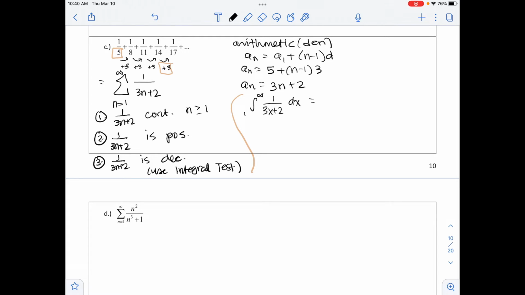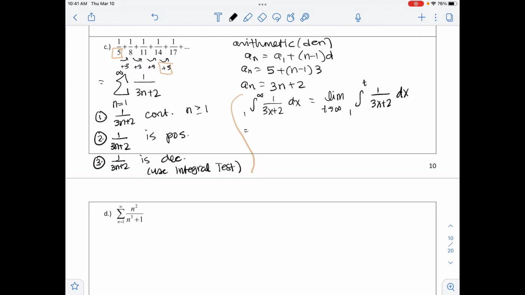And so again, from Calc 1, we rewrite this first as the limit as, and I'm going to use a t, approaches infinity. And so this is going to go from 1 to t, because you can only evaluate definite integrals when our lower and upper limits are equal to a numerical value, not to infinity or negative infinity. So we have 1 over 3x plus 2 dx.